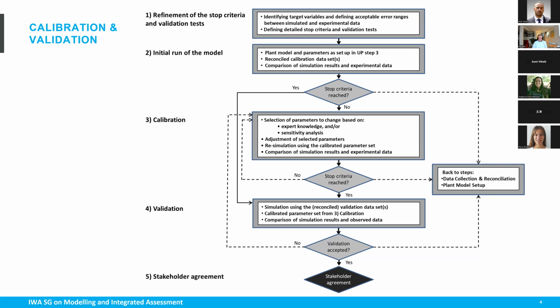This is also from the scientific report. I don't go through every single line here, just the major steps on the left-hand side. You should start with refining your stop criteria. The original stop criteria should have been defined in the project definition.